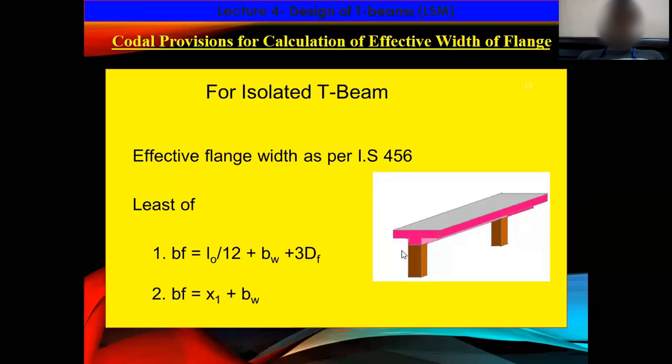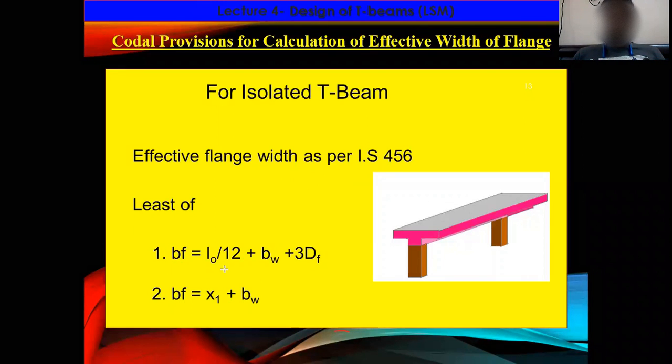So in this case, the effective width of the flange can be determined by the least of these two formulas. That is bf equal to L naught by 12 plus bw plus 3 into Df, and Df is equal to x1 plus bw. So the values are the same.